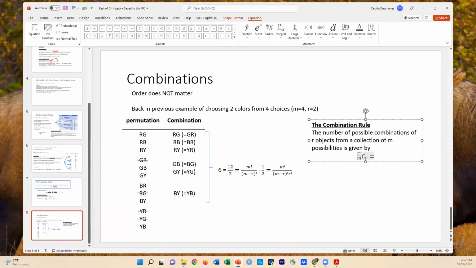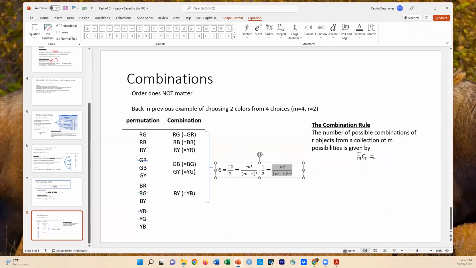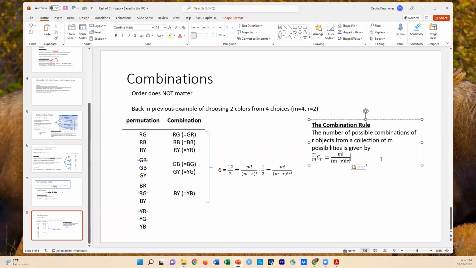And it's going to equal this. Let me just copy this formula here so I don't have to retype it. And we say that this is m choose r.